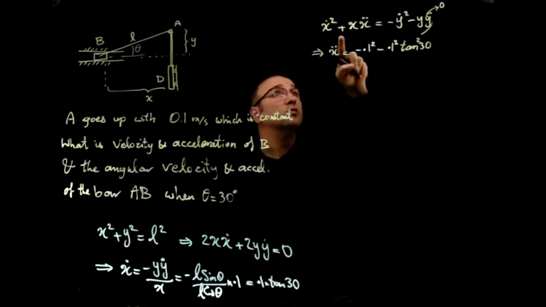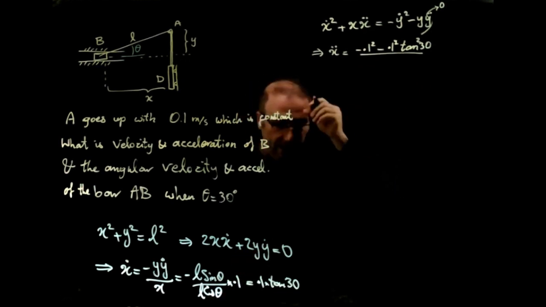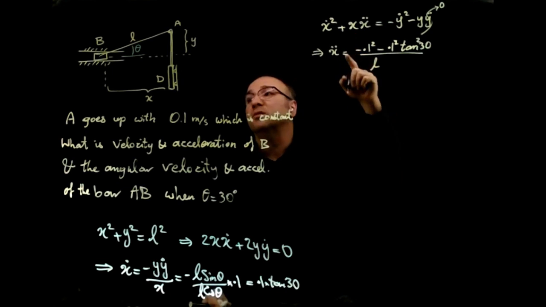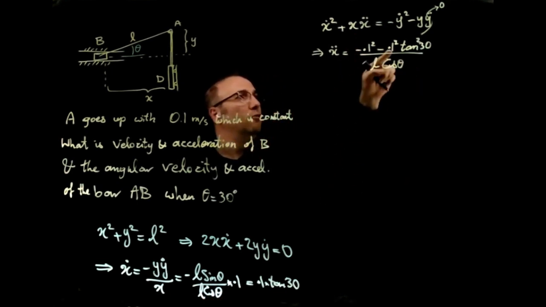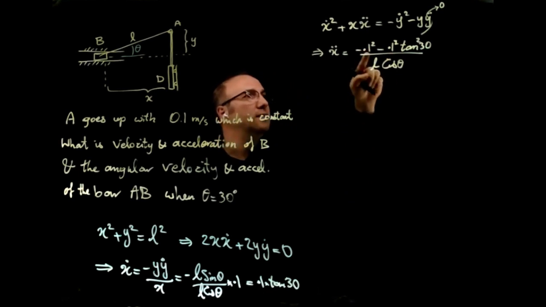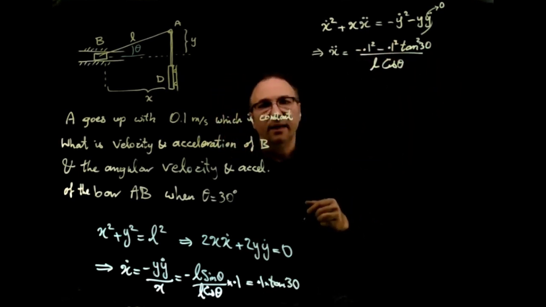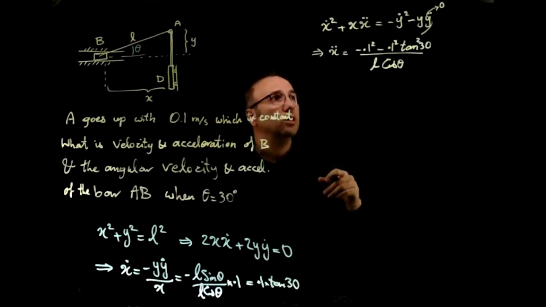This is x dot square divided by L, divided by x, which is L cosine theta. And by the way, if you factor that out, I would get 1 plus tangent 30 square, and 1 plus tangent 30 square is 1 over cosine square.